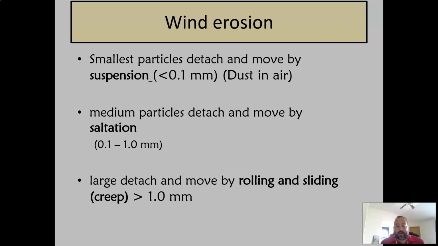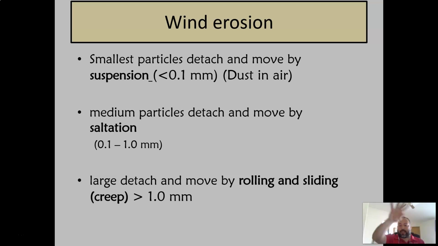Your medium particles are going to detach and move by what they call saltation, where it's almost like they jump and hop, and jump and hop. Whereas creep is where the larger particles of soil move, but they're so heavy they don't really get off the ground. They just kind of roll and slide along the ground.